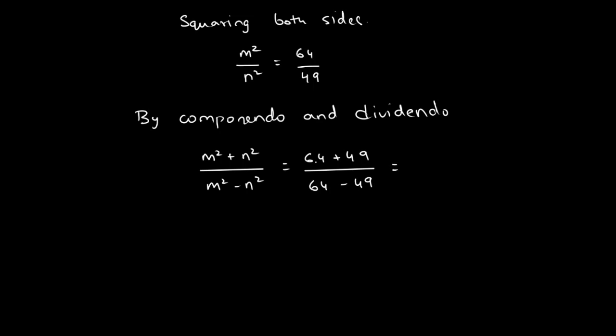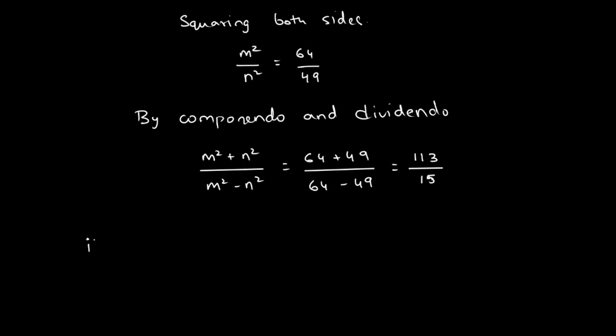And if I solve this, 64 + 49 is 113, and 64 − 49 is 15, right? So this here is the answer for m² + n² upon m² − n².